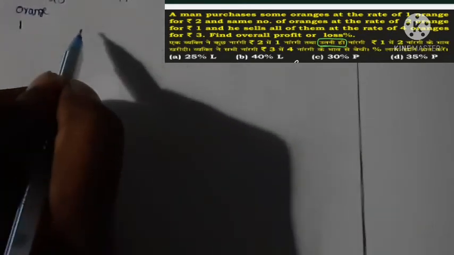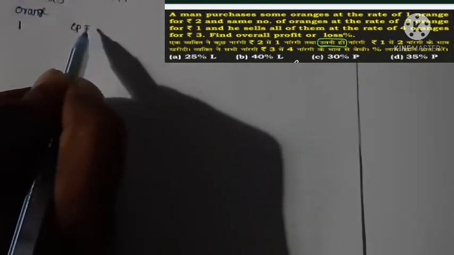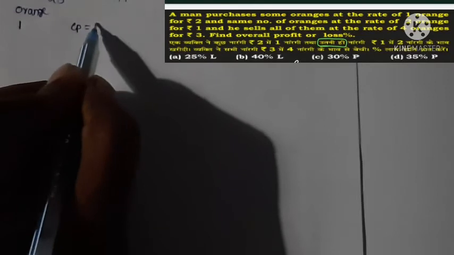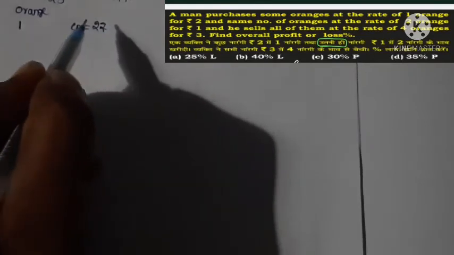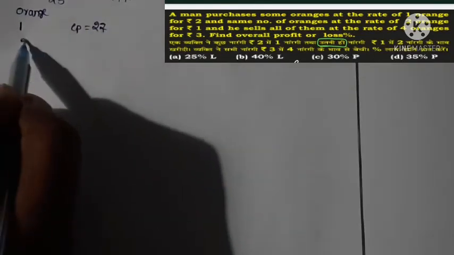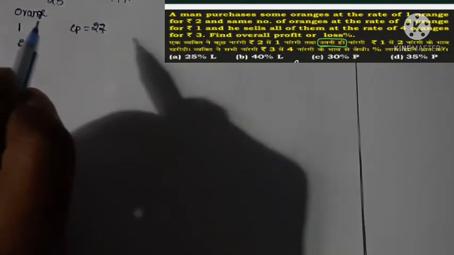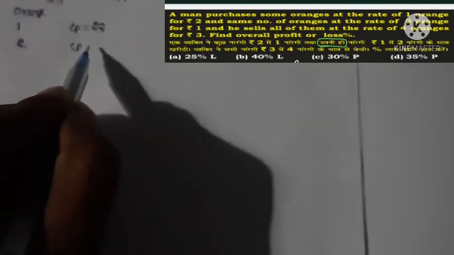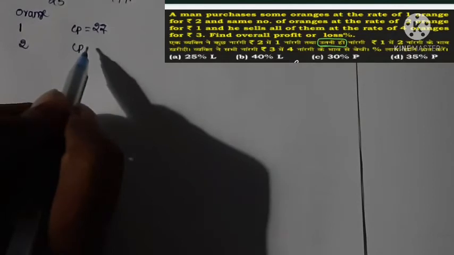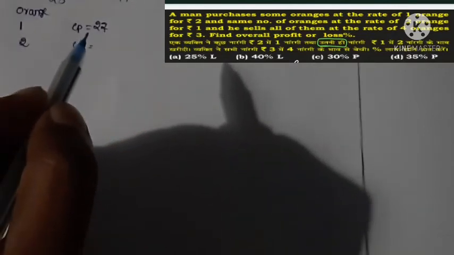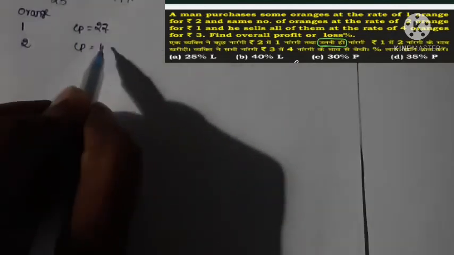So 1 orange cost price is equal to 2 rupees. So 2 oranges cost price is equal to 1 rupee.